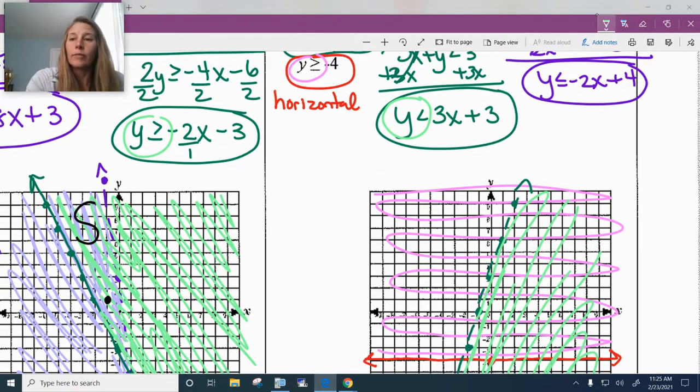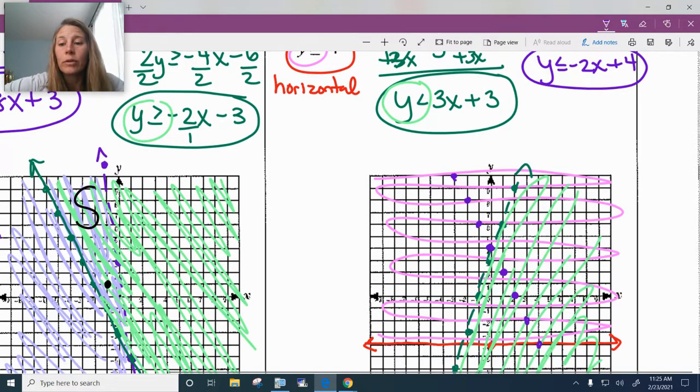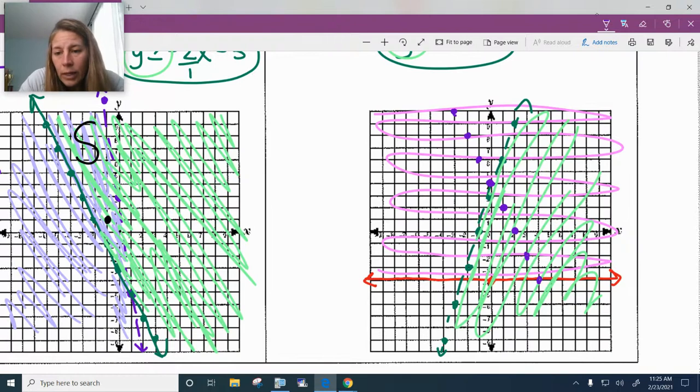And finally, I have my third inequality. I'm going to begin at the 4, 1, 2, 3, 4. I'm going to go down 2 over 1 because that's what the slope is telling me to do. And this time I can do a solid boundary line because of that equal to underneath.